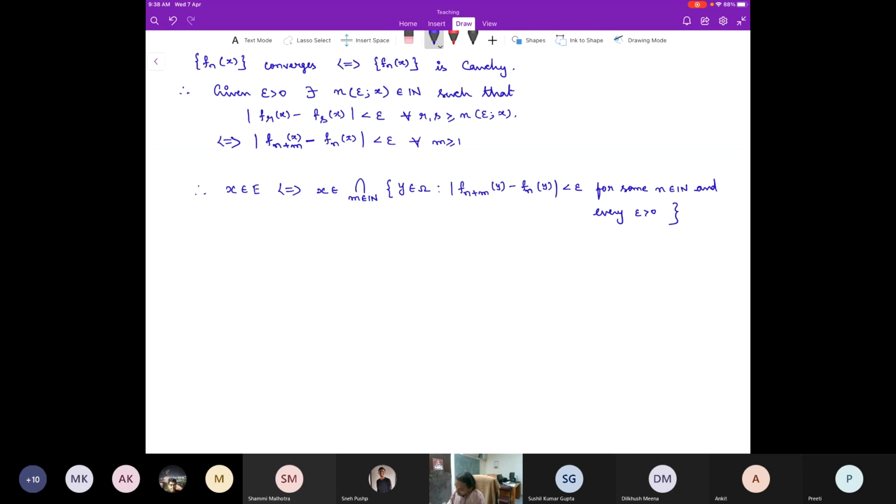Right. Now again, this is true for some n in N, which depends on the chosen epsilon.